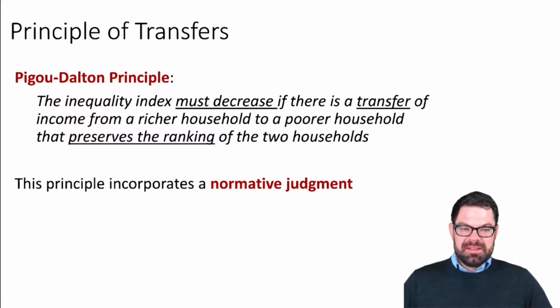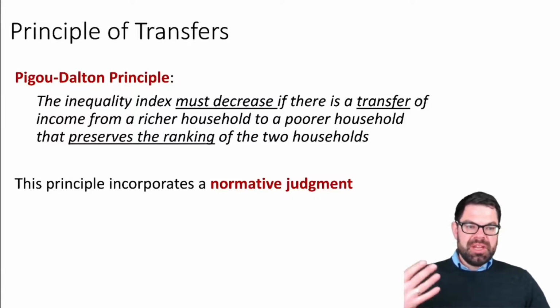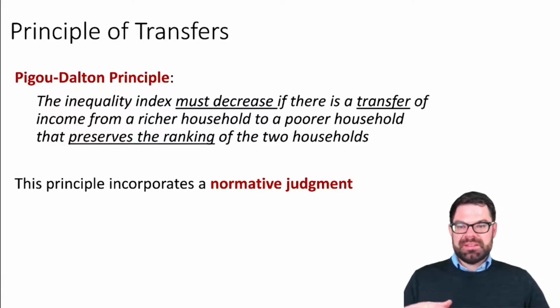What does it say? So first of all, the Pigou-Dalton principle tells us what happens to an index if we redistribute income. Because most of the time when we use an inequality index, it's about measuring inequality before and after a policy change, right? So a government changes its redistribution policy, it taxes some people, gives transfers to others. We want to know to what extent that changes the inequality.